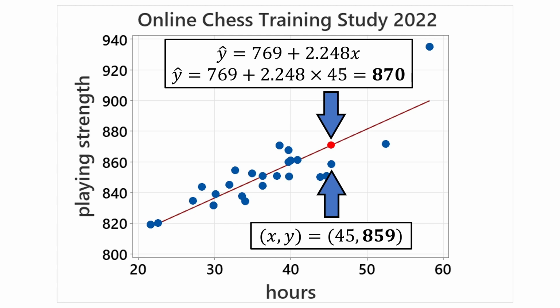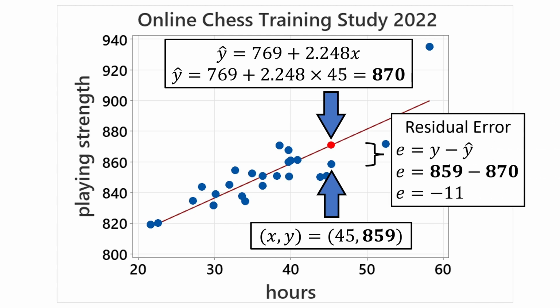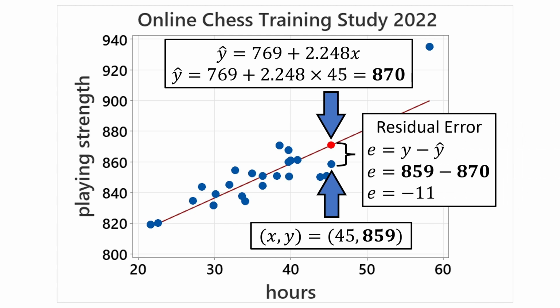The difference between those is called the residual error. The residual error is just the difference between what was observed and what would be predicted. In this case, that residual error is minus 11. It's negative because the observed value is below the line of best fit. If the observed value was above the line of best fit, we would get a positive residual.